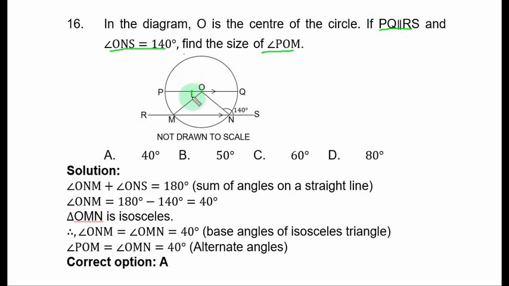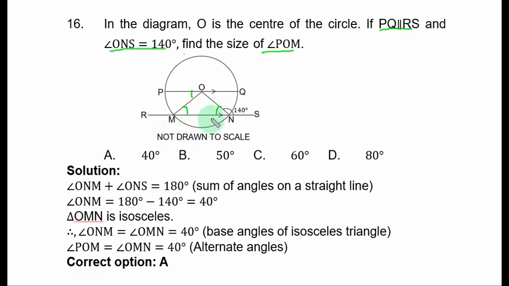From the given information, angle POM is equal to angle OMN. That is alternate angles. But before that, you need to get this angle from 140 degrees. Now OM and ON are radii.